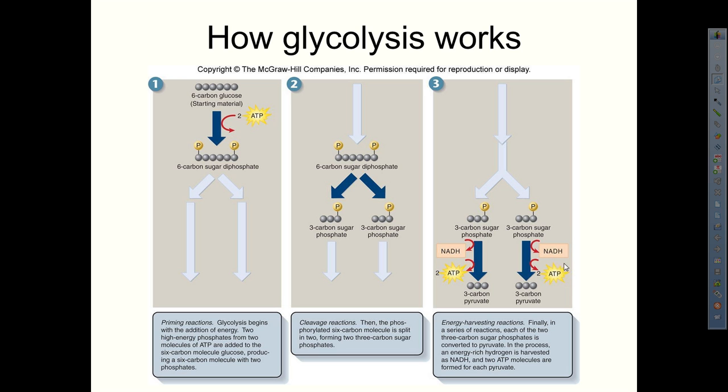And through another process here, each molecule will produce 2 ATPs. So we're going to get 4 ATPs out of this process, 1, 2, 3, 4, but we had an initial investment of 2. So not a very effective process, but we have to have this process to get things started. It's kind of a jump start for our eukaryotic cells. And that's the whole 10-step overview.